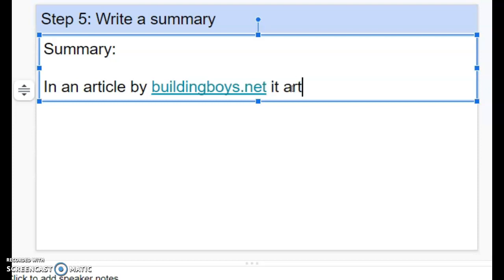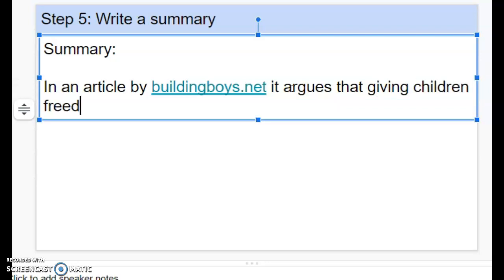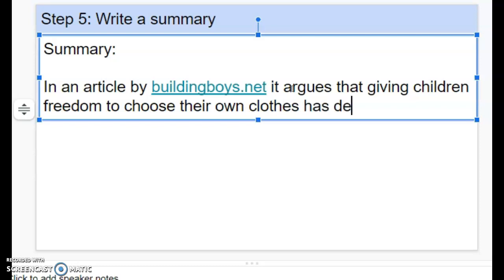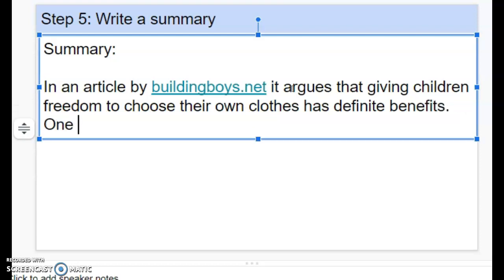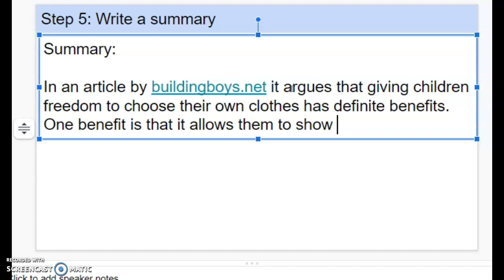it argues that giving children freedom to choose their own clothes has definite benefits. One benefit is that it allows them to show their identity.